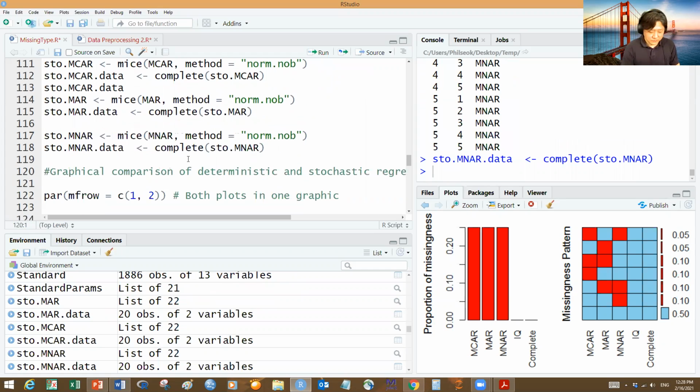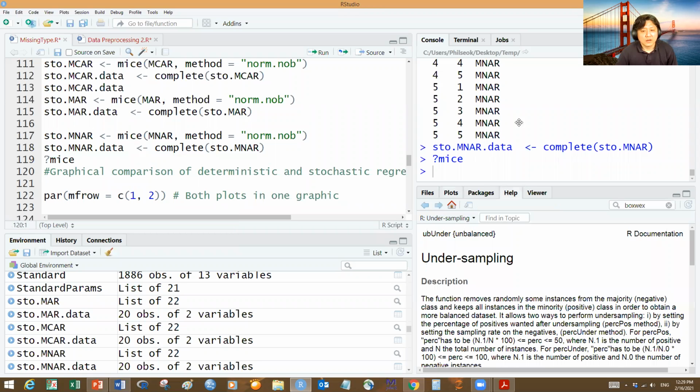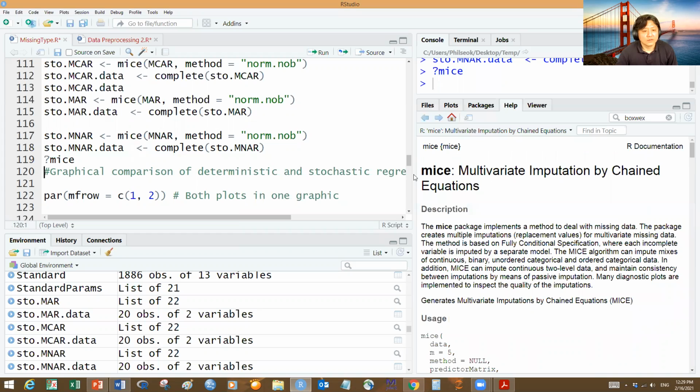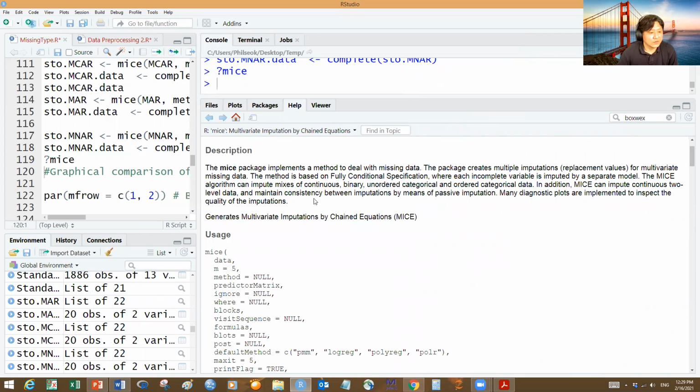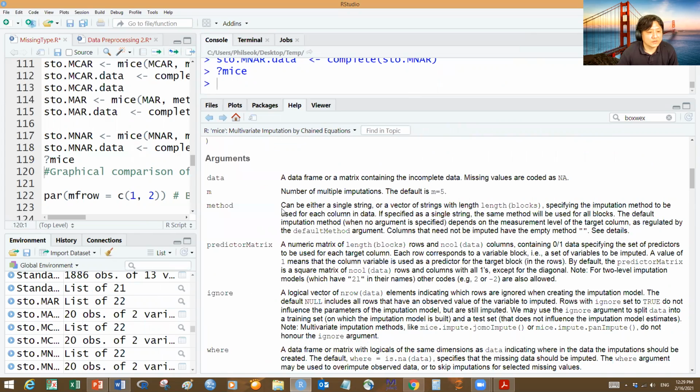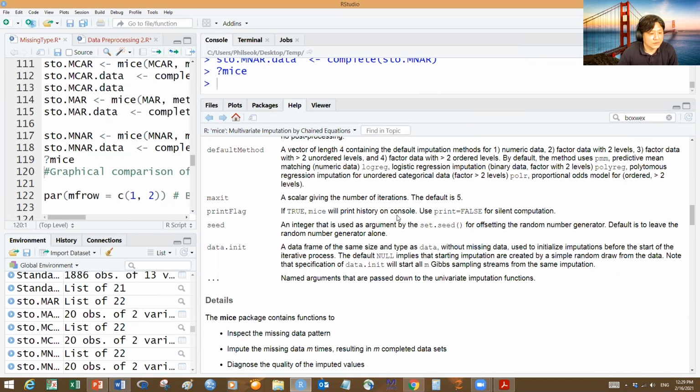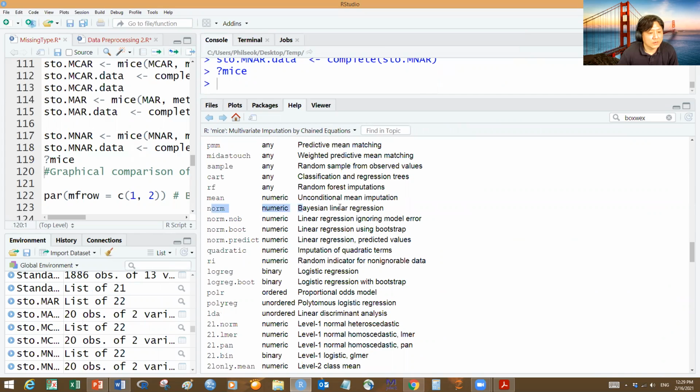If you run the mice package, mice stands for multivariate imputation by chained equations. If you go to method, you can see many different options here. Right here: norm, Bayesian linear regression.